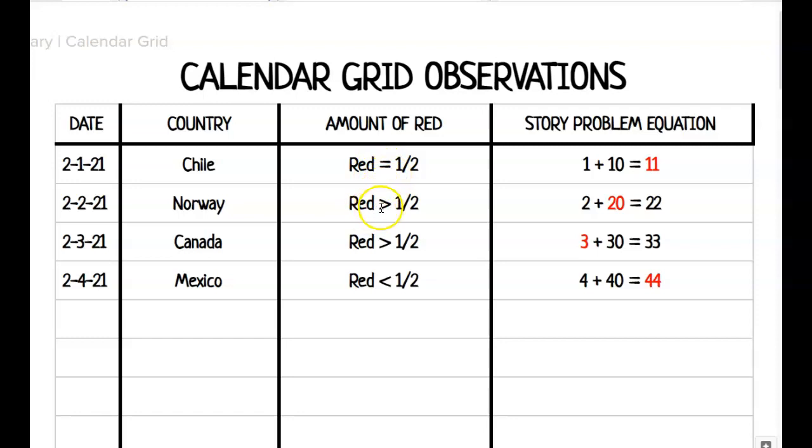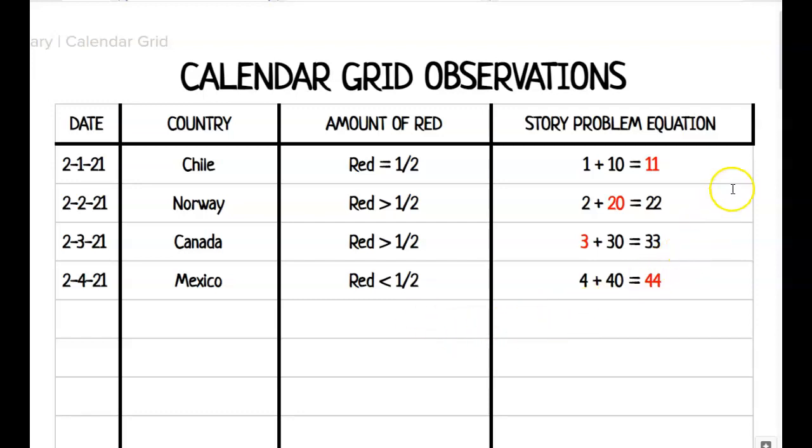Then we have 2 greater than symbols, meaning there's more than half red on the flag for Norway and the flag for Canada. I'm also seeing a less than symbol right here, meaning there's less than half red on the flag for Mexico. Draw a connection if you noticed this pattern too.